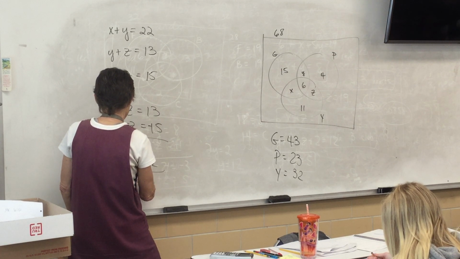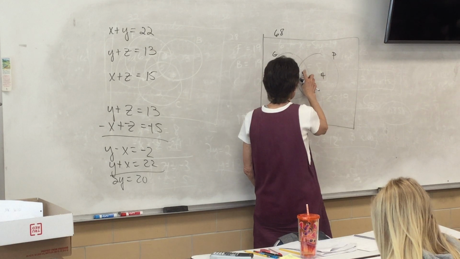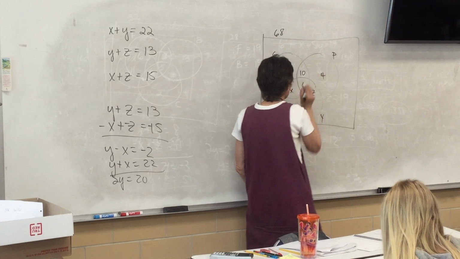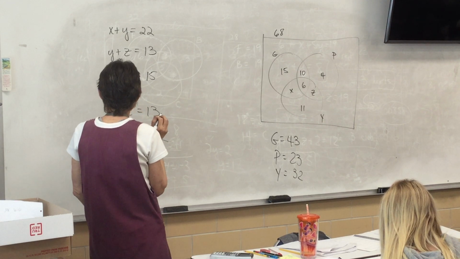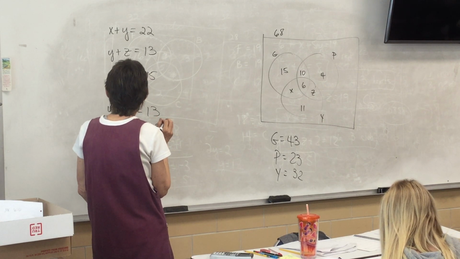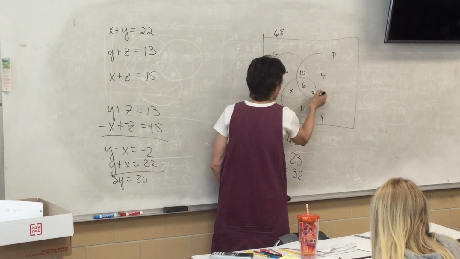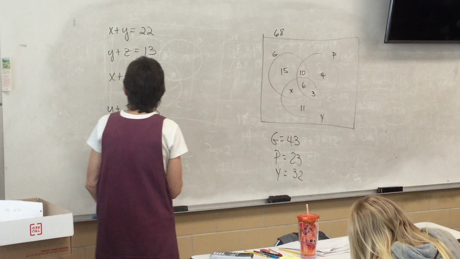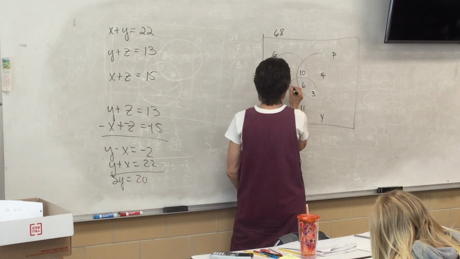All right, so for this section right here, the green purple section, I got 10. That could be a mistake, let me just keep going, that was Y. So for my Z section, I got 3. And for my X section, I got 12.